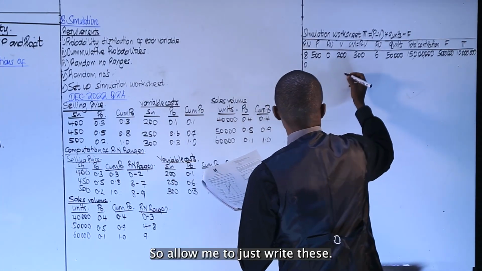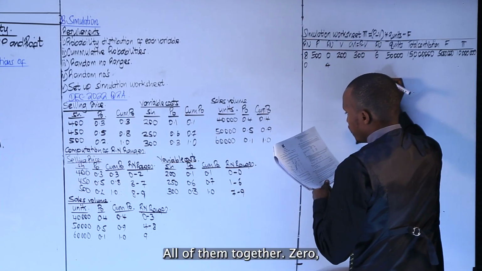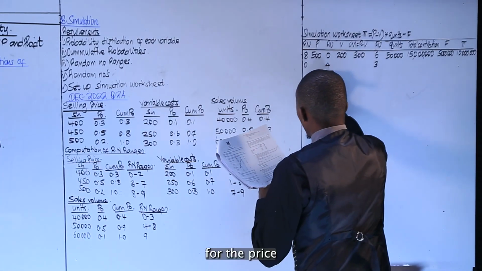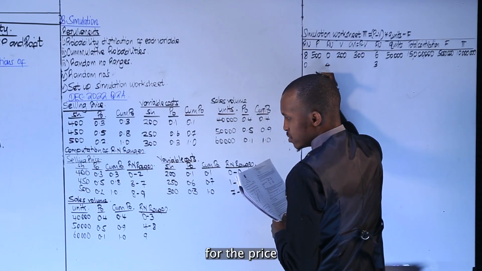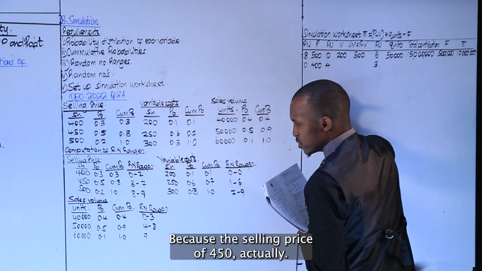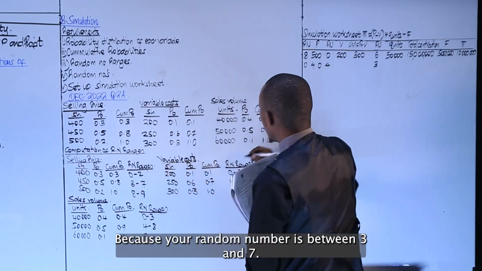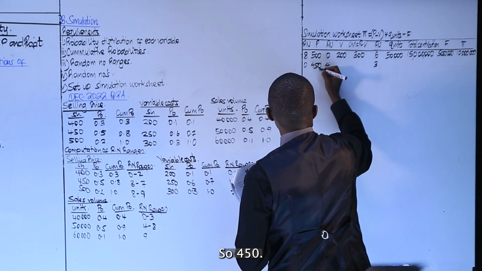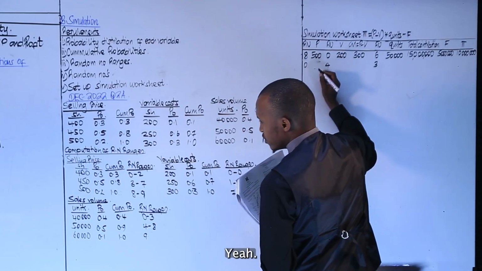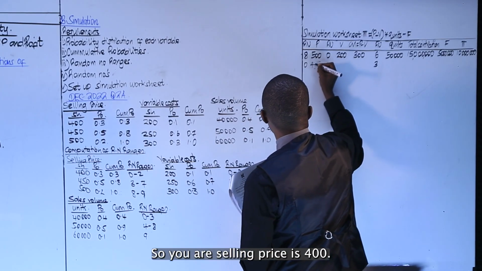So allow me to just write these, all of them together: 0, 4, and 3. Your random number is 0, so your selling price is 400.